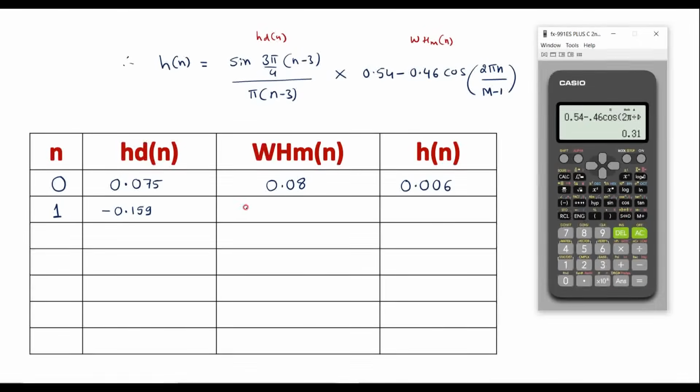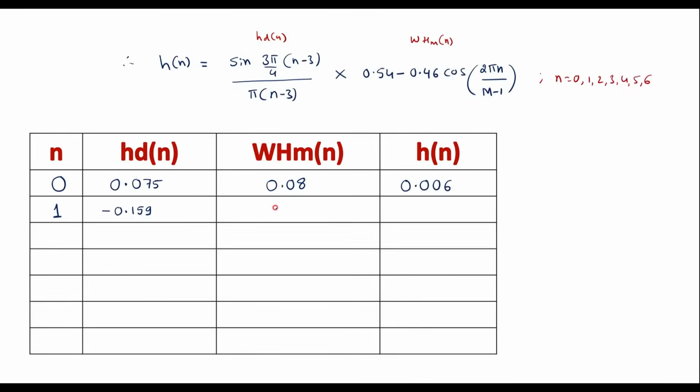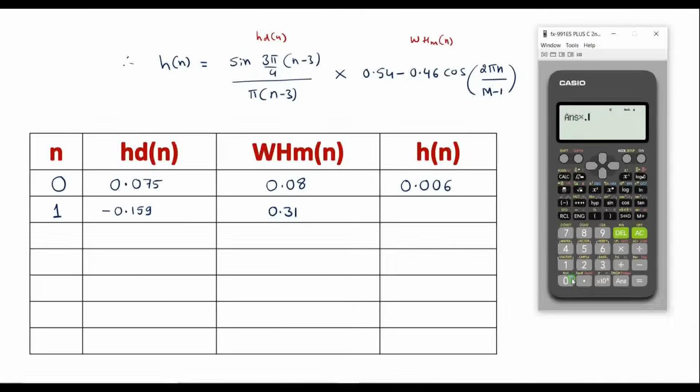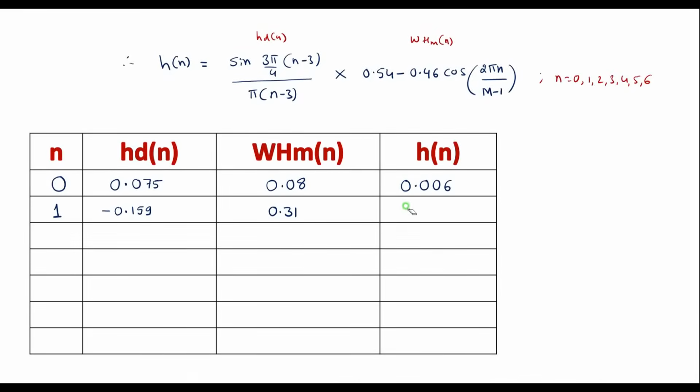So its value is 0.31, and multiplying with 0.159 we'll get it as minus 0.04929.